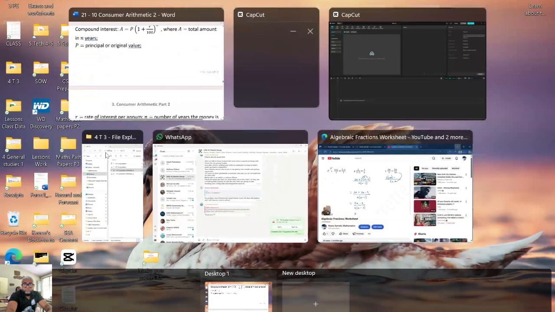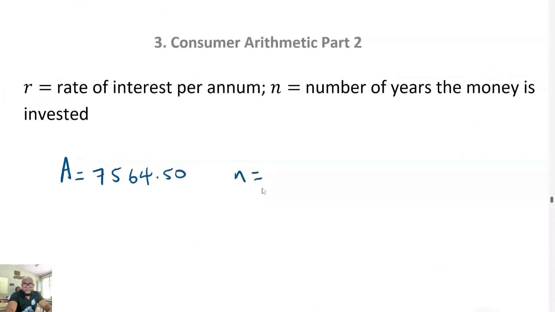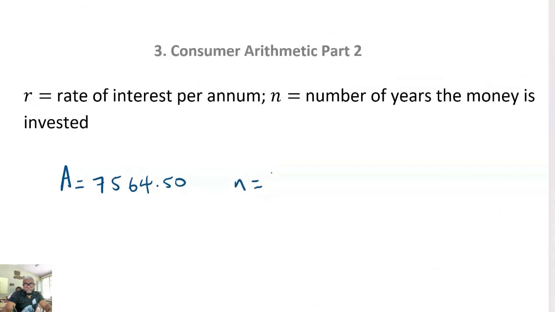So N will be equal to 2. Do we have the rate? Yes, 2.5. So what we're really missing is, not the time, the principal.